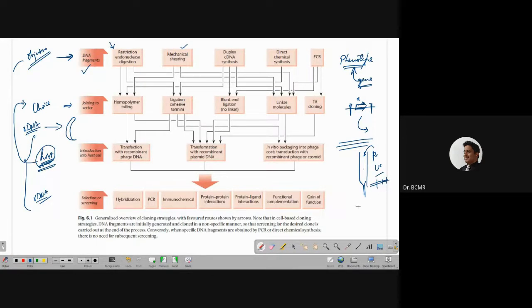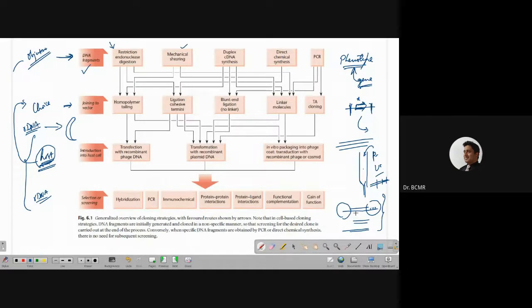When we do that, the shearing, we never know if the ends that come are blunt ends or one-sided overhangs, and we can never be sure about what kind of overhangs these are and the sequence. If we are cutting with a restriction endonuclease, then we are actually sure. So if we are using mechanical shearing, we never know if the ends are compatible or not.